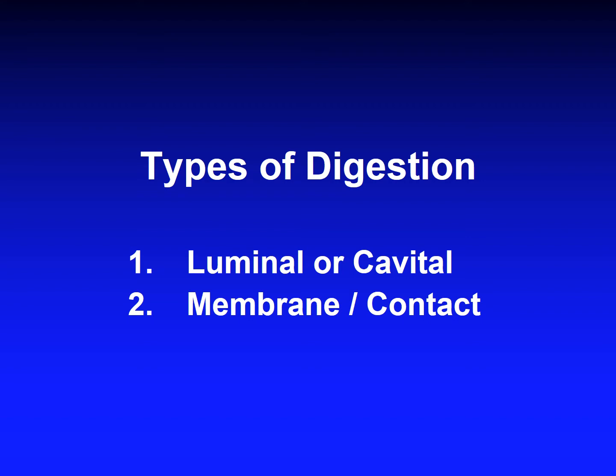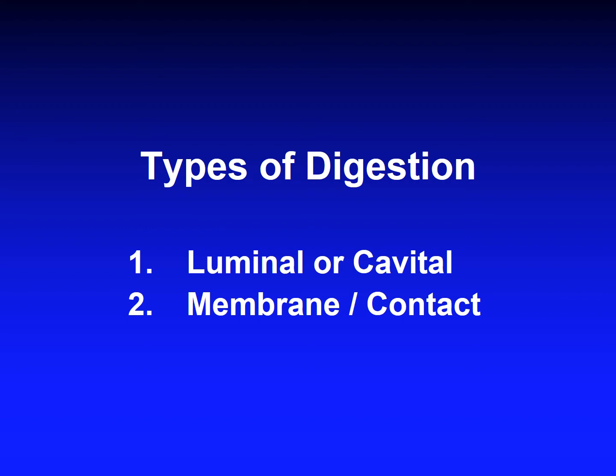There is luminal digestion, which we also call cavital, from the word cavity. So it's the lumen of the gut, cavity of the gut, luminal or cavital. The other type of digestion is membranous or contact, which I'll explain in a second.